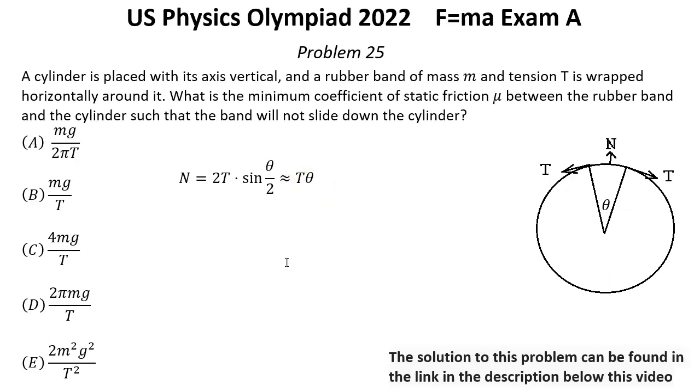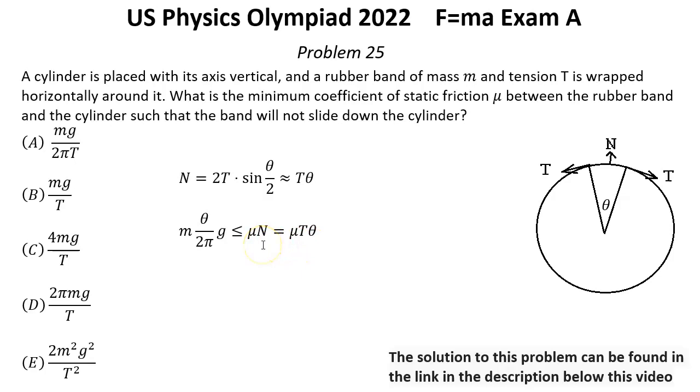On the other hand, we can find the force of friction. That will be mu multiplied by this normal force. For equilibrium, we have the weight of this piece, which is m multiplied by small angle theta over 2 pi multiplied by g. That must be less than mu N, which is mu T theta.